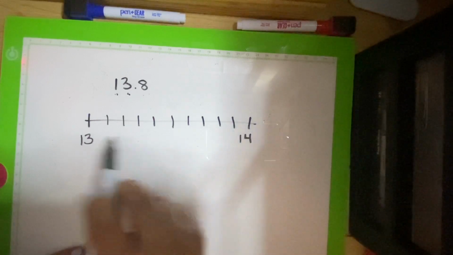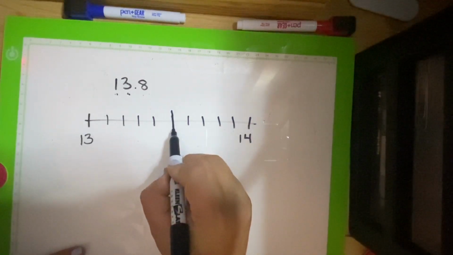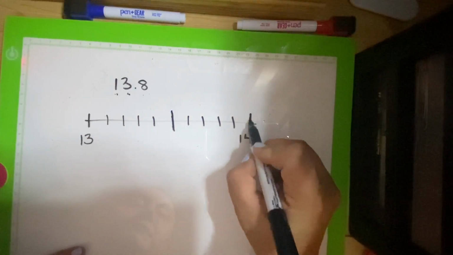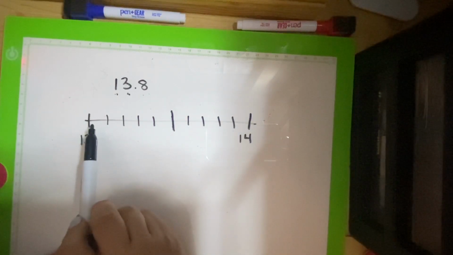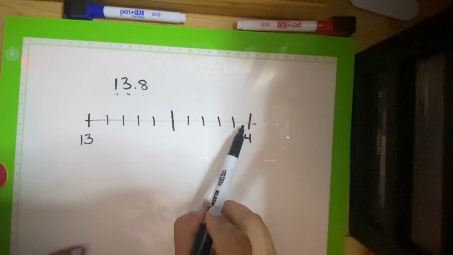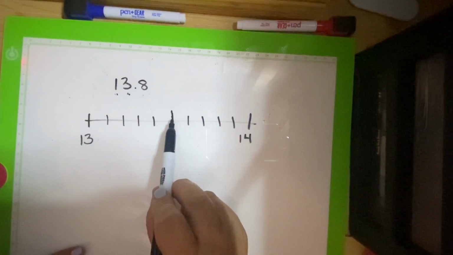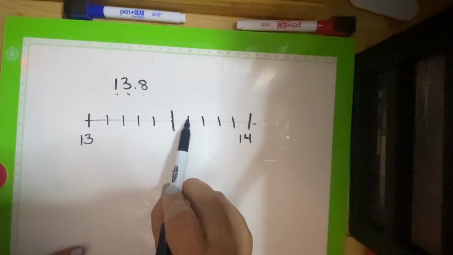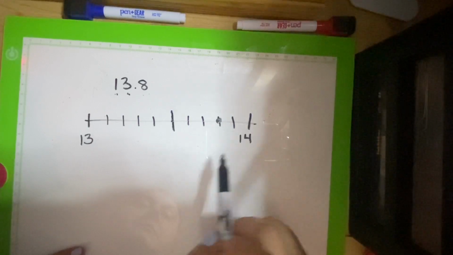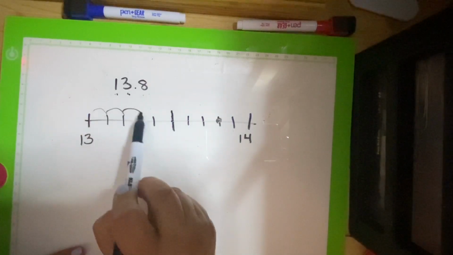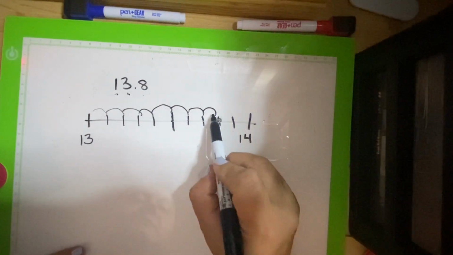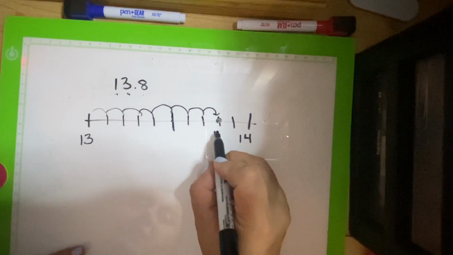Just like a clock, here's your 5, your middle, and you have 4 ticks in between each one to give you 5 spaces. 1, 2, 3, 4, 5, 6, 7, 8, 9, 10. So if I have 0.8, I know that this is the 5 place. 6, 7, 8. 1, 2, 3, 4, 5, 6, 7, 8. This is 13.8 right here.